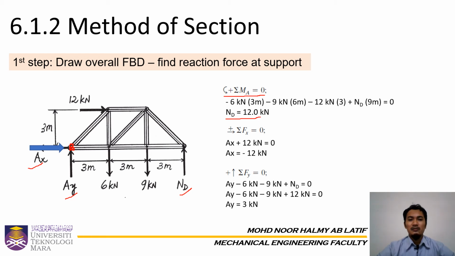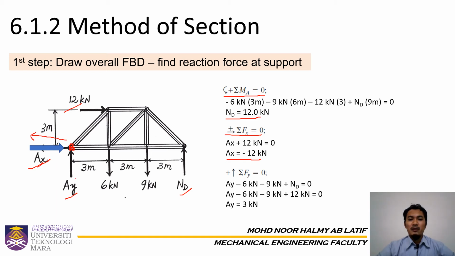Since we have two forces acting in X direction, which is AX and 12 kilonewton, by using summation of force in X direction, we're going to get AX is equal to negative 12 kilonewton, which shows that the force are acting in the left direction.